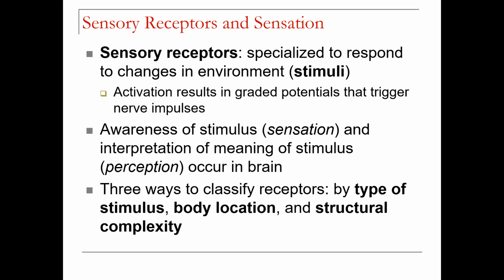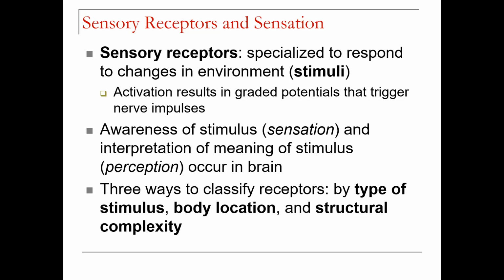A very, very gentle touch on our skin doesn't often result in awareness that someone's touched us. Or an odor may be so faint that we may not be able to detect it. So we have to be able to process information and interpret what it means. We get the term perception has to take place. We have to perceive what the stimulus is.